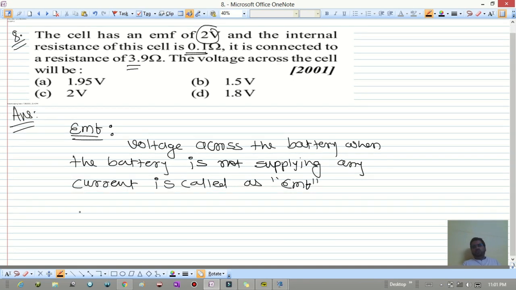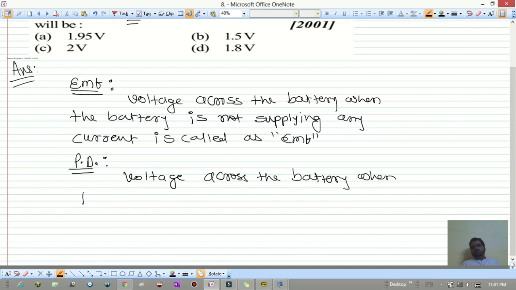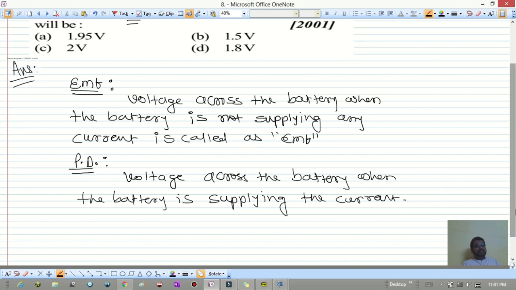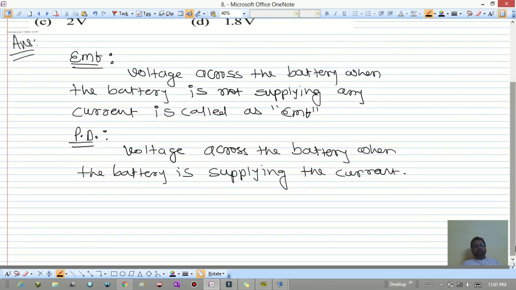Okay, and what is potential difference across the battery? It is the voltage across the battery when the battery is supplying the current. Okay, so over here, as the battery is supplying the current, we want the potential difference across the battery, right? So voltage across the cell.